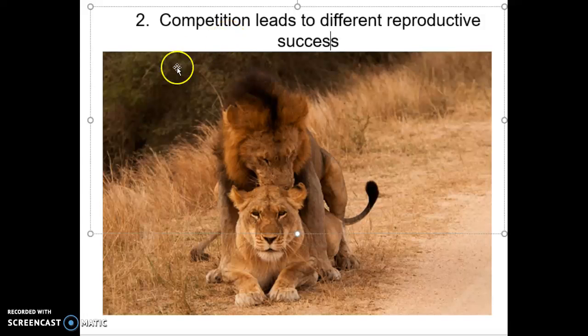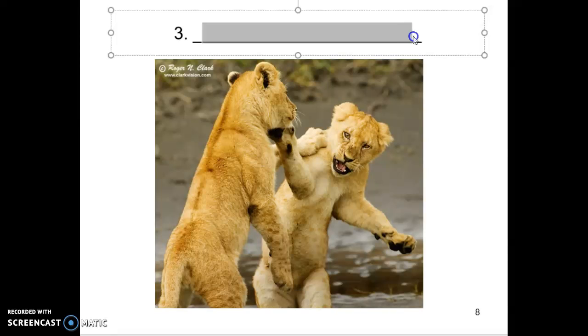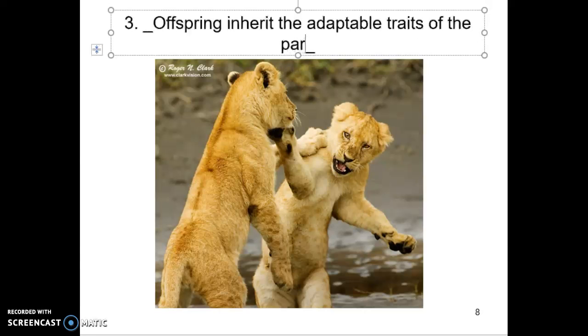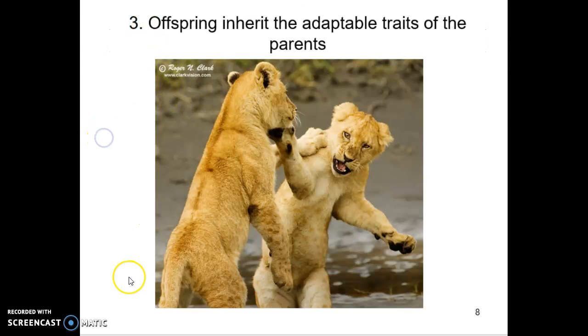Alright, so different reproductive success means their offspring inherit the adaptable traits of the parents. Okay, so those little lion cubs there, they are going to have inherited the traits that made their parents successful, because that's why their parents were able to reproduce. So that is going to be present in populations.